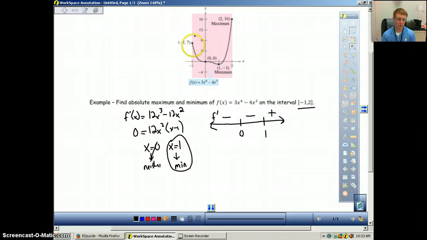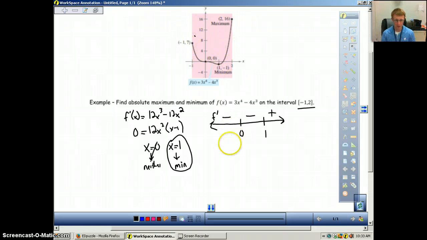You first have to determine whether the endpoints would be considered a maximum or a minimum. Again, it doesn't matter what the y value is. It matters what the function is doing as it approaches it. And notice, as we come from the right here, we're going up to a point. So the only thing we could ever call these is a possible endpoint maximum, because we're not going down to a point, we're actually going up to a point on both sides.